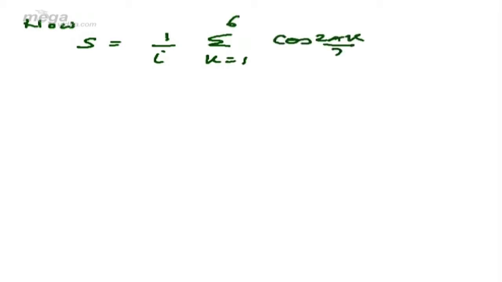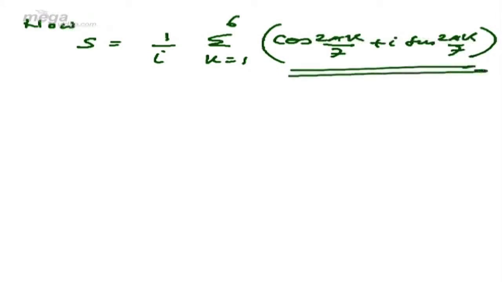Now the sum can be written as S equals 1 by i times the summation of k equals 1 to 6 of cos(2πk/7) plus i sin(2πk/7). Now the complex number has become standard form.